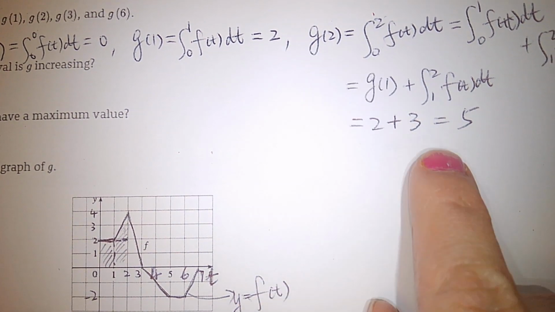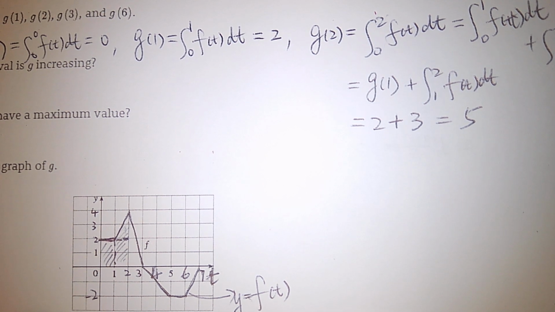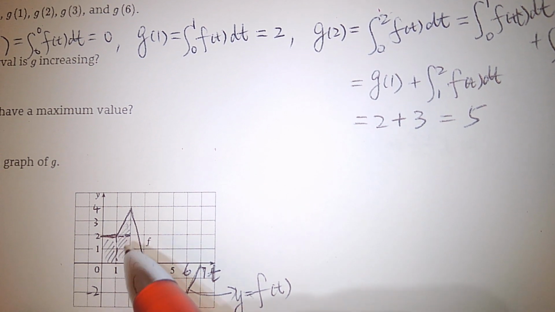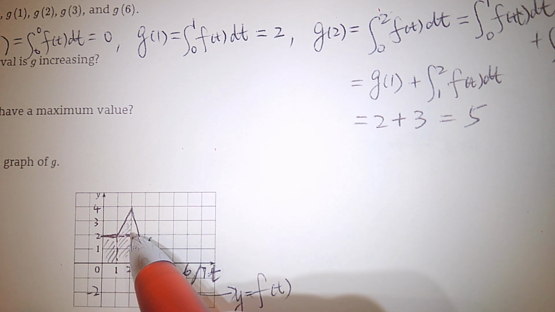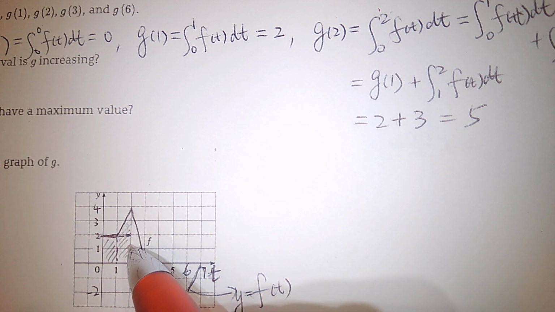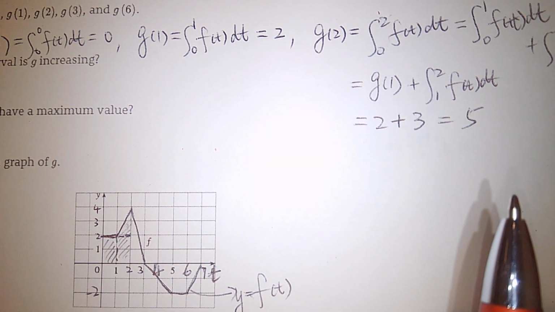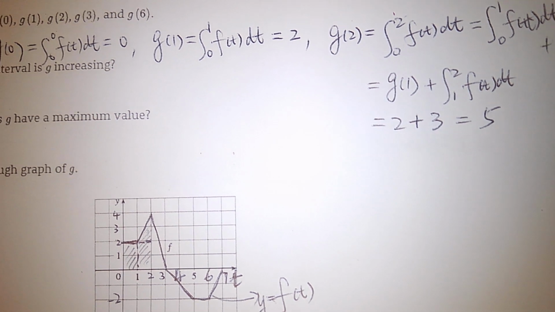So g of 2 equals 5. 1 times 2, 2, divided by 2, because the area of a triangle we have to divide by 2. And then this area is 2, 2 plus 1 is 3, and 3 plus this 2 gives us 5. So this is g of 2. Everybody clear? How about g of 3?